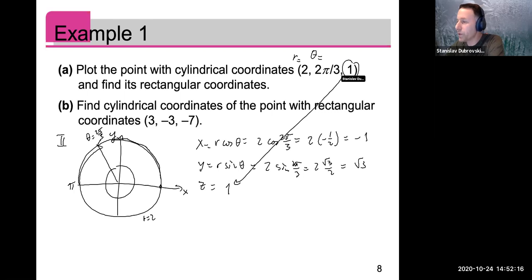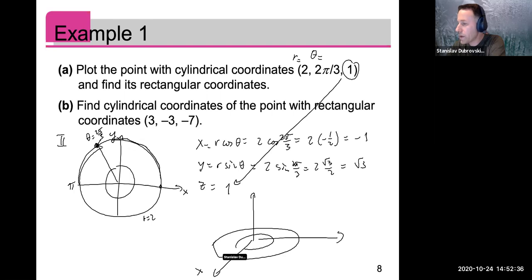So how do we plot it? Maybe we should have started with that. Well, we started by plotting it in xy. So how do we reproduce it in 3D? Well, in xy, this is the first circle, the second concentric circle. So we have to go to 2 pi over 3.